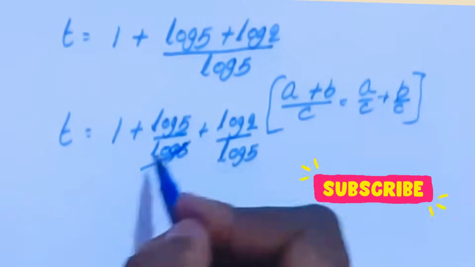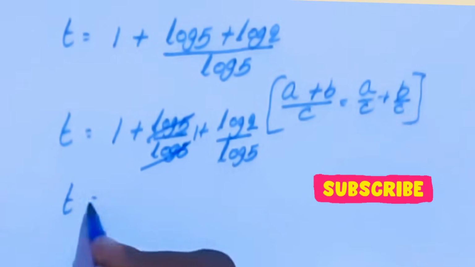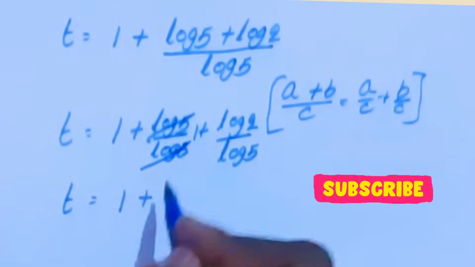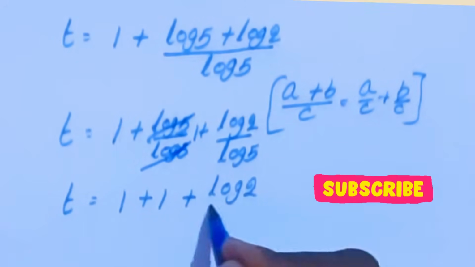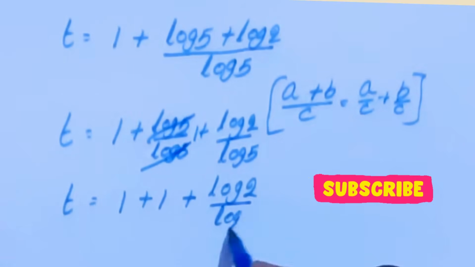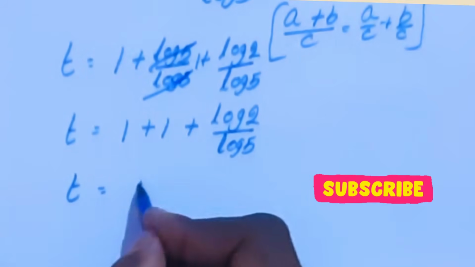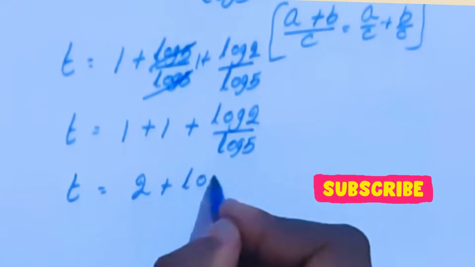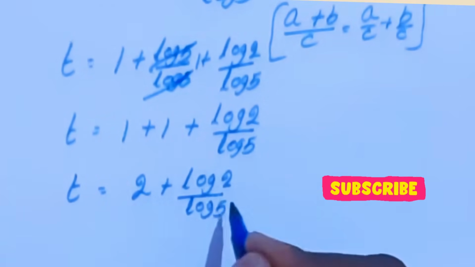Now this log 5 cancels this, here 1. So t equal to 1 plus this 1 plus log 2 by this log 5. Now t equal to 1 plus 1 is 2 plus log 2 by log 5.